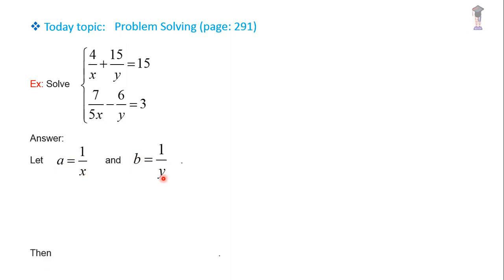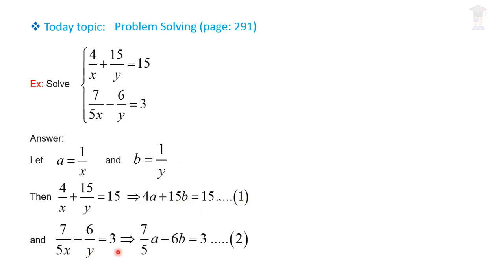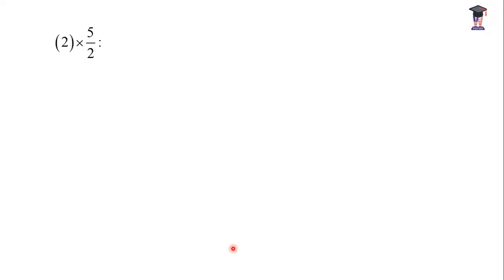So we can change the first equation, 4 over x plus 15 over y, by using a and b. I will get 4a plus 15b equal 15, which I name the first equation. The second I can change to 7 over 5a minus 6b equal 3, the second equation. We need to solve these two equations simultaneously.